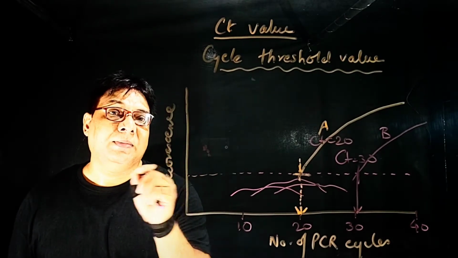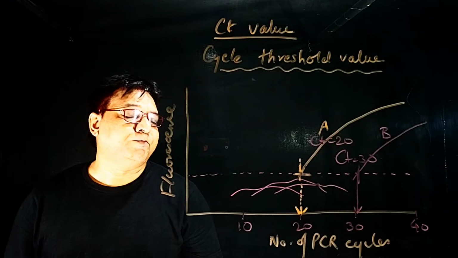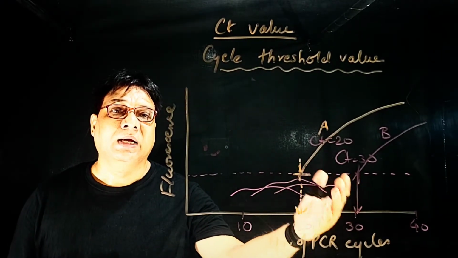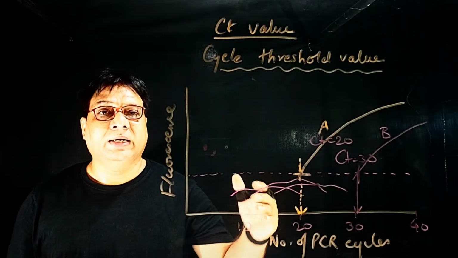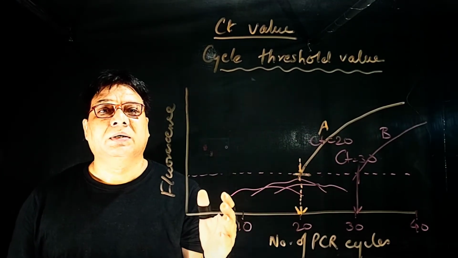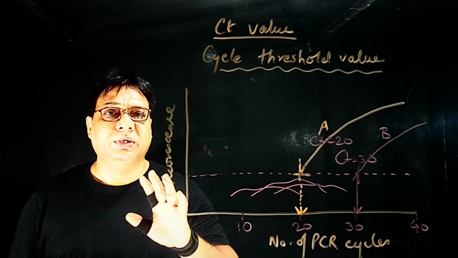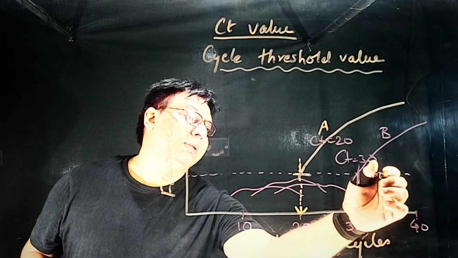So the ICMR has decided that if you are getting a CT value of 35 and above, that means there is no coronavirus. The case is negative. The report is negative if the CT value is more than 35.